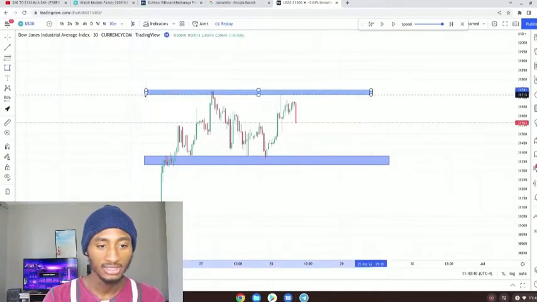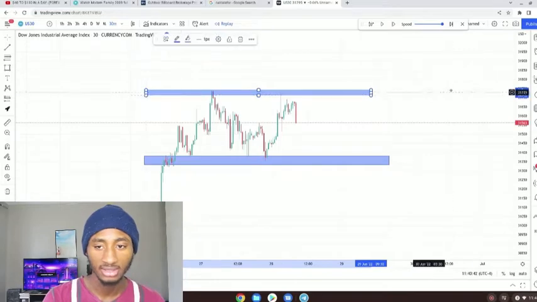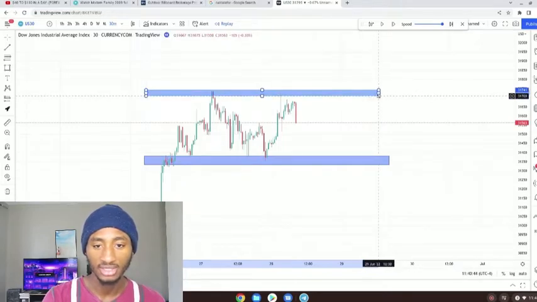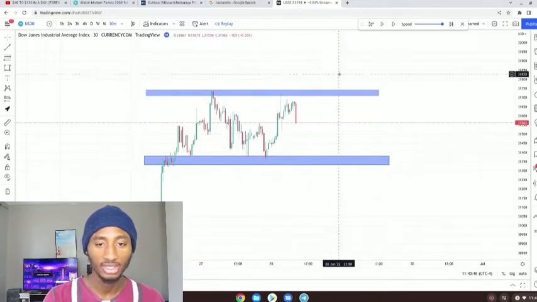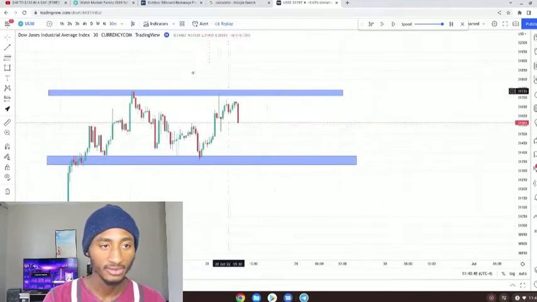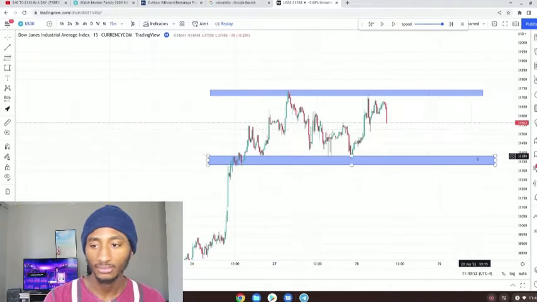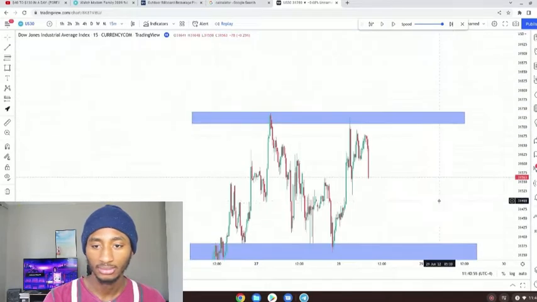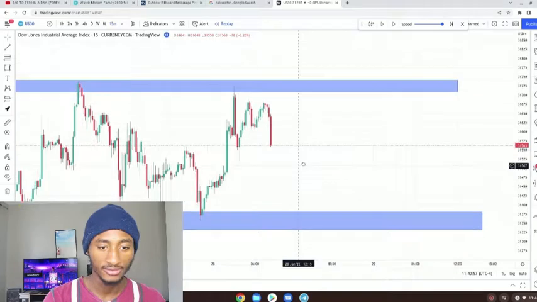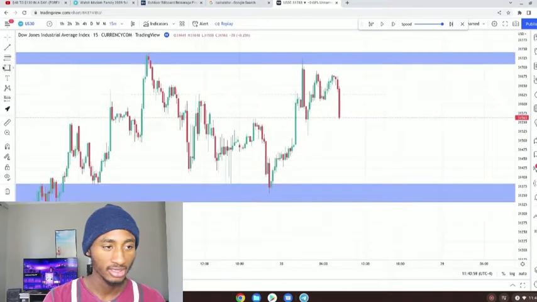Markets right now is just consolidating in this box, which means it's just coming down, going up, coming down, going up type stuff. So now we're going to jump into the 15 minutes. Jump down to the 15 minutes and look what we got.